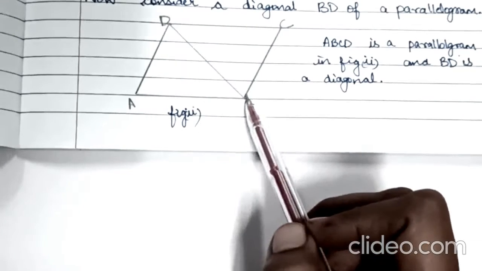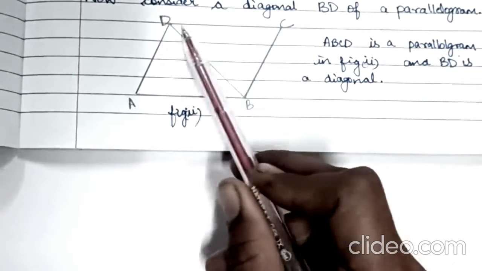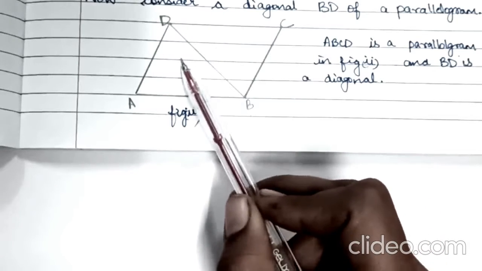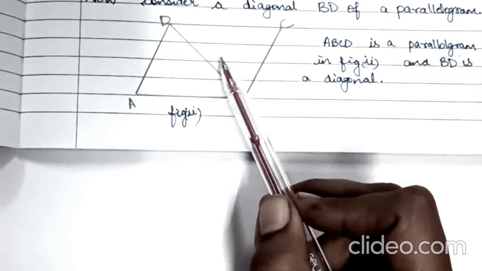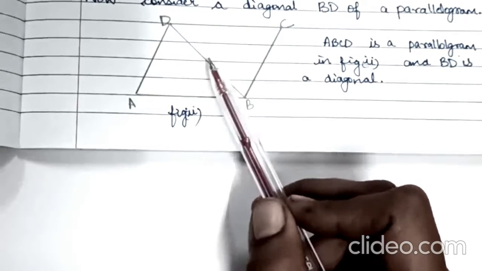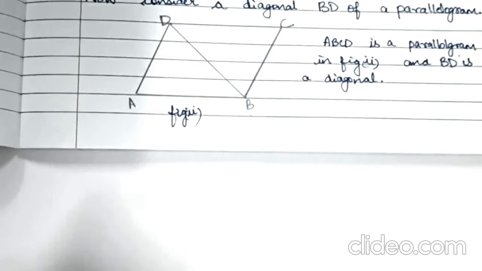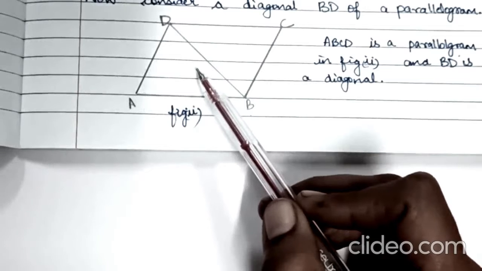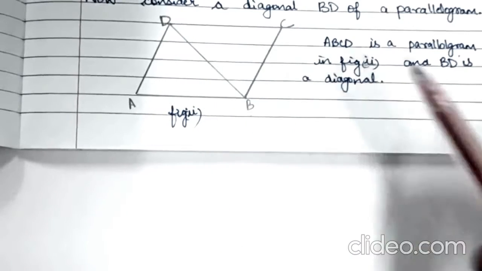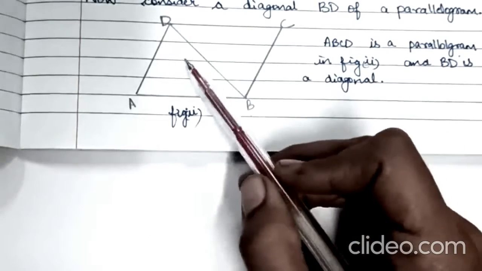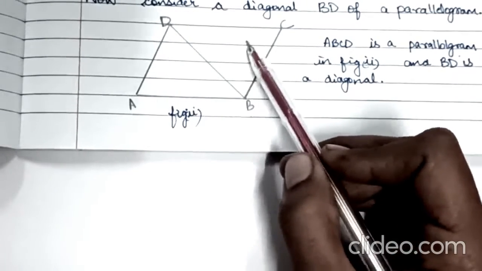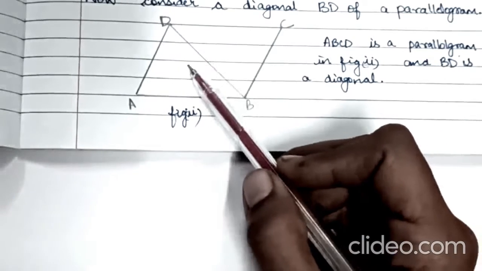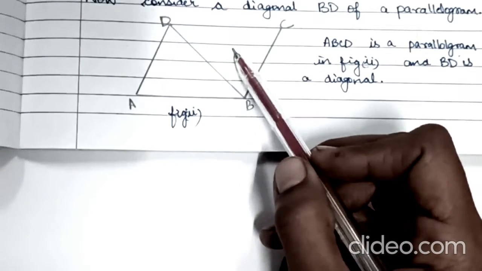So a diagonal of a parallelogram divides the parallelogram into two triangles, and these two triangles are always congruent to each other. Now, congruent figures are those figures which have the same shape and same size. So if these two triangles are congruent to each other, they will have the same area.